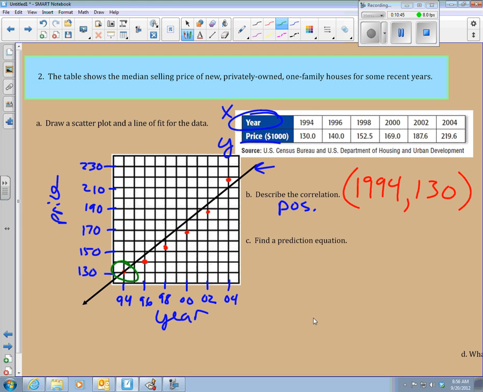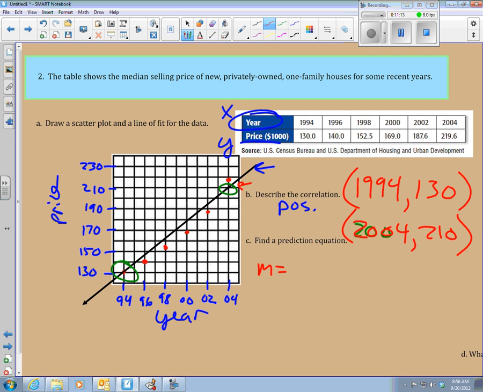It's not a piece of the data, but it crosses the grid really nicely at 2004, and it looks like it's at 210. So what I'm saying is, it's just got to be a point on the line. It doesn't have to be one of the data points. This point right here is not a data point, but it's on my line.